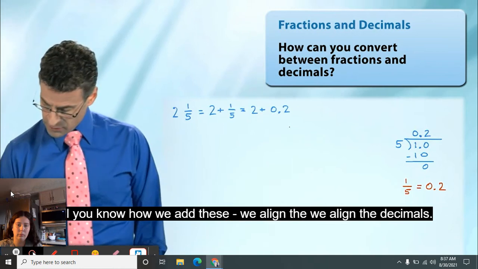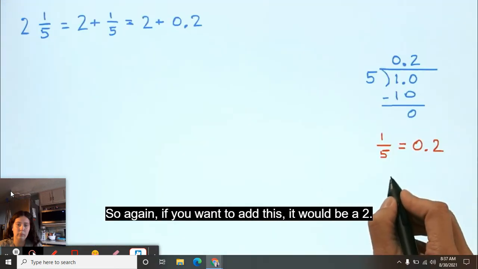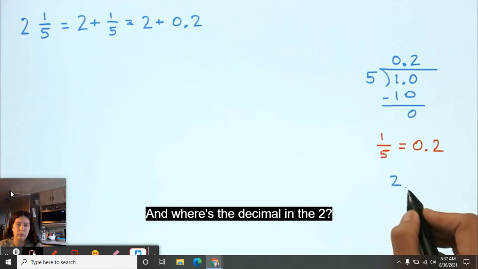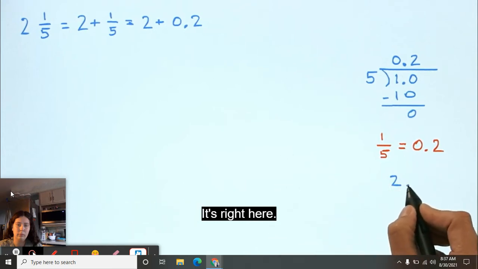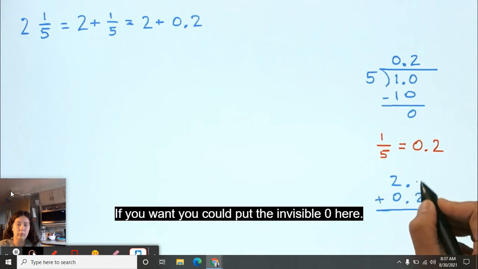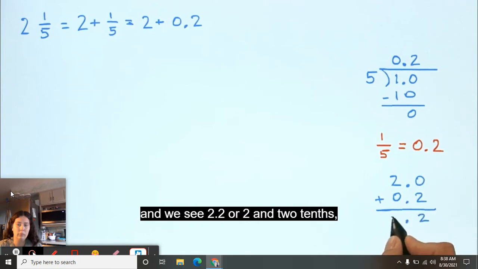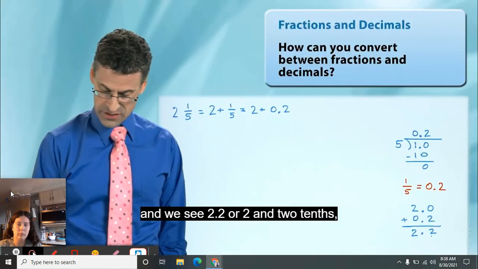We align the decimals. So again, if you want to add this, it would be a 2. And where's the decimal in the 2? It's right here. And now we align that decimal and write the 0.2. And now we add. If you want, you could put the invisible 0 here. And now we just add straight down, and we see 2.2, or 2 and 2/10.